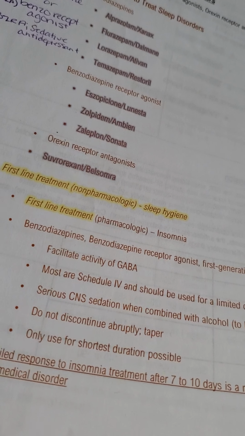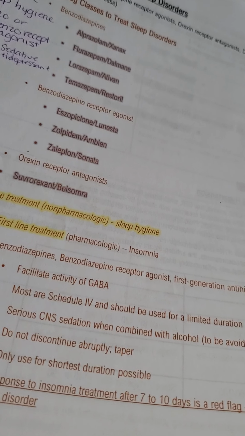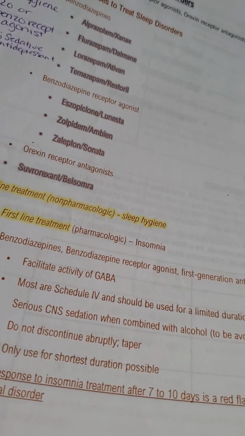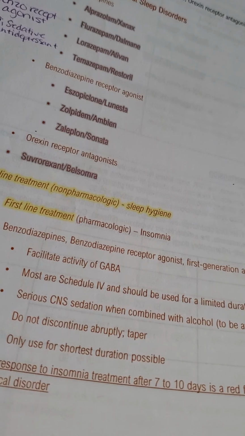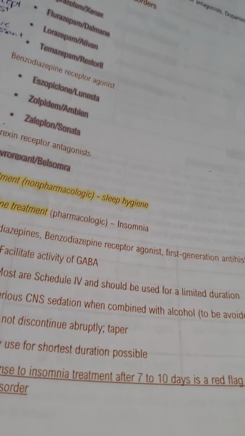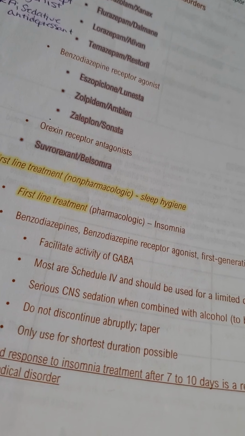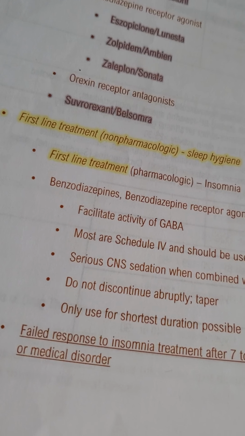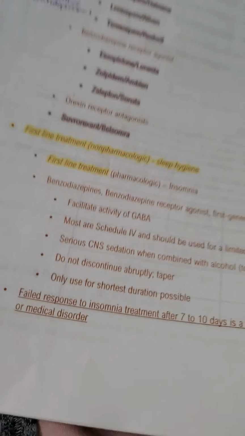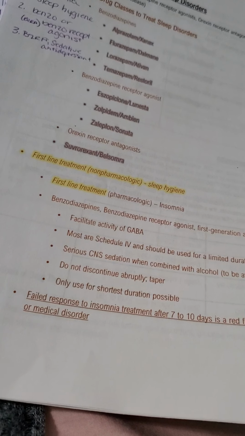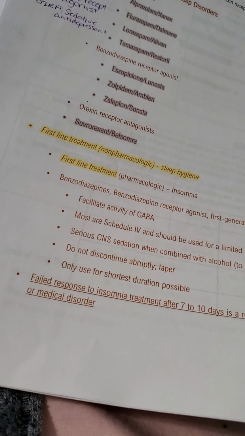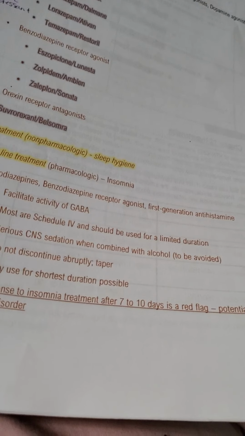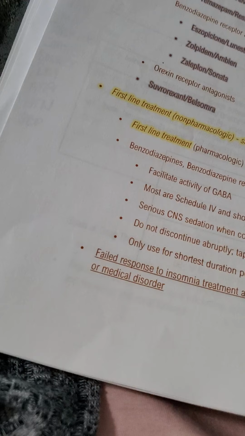Most are scheduled and should be used for a limited duration. Serious CNS sedation when combined with alcohol is to be avoided. Do not discontinue abruptly; taper. Only use for the shortest duration possible. Failed response to insomnia treatment after 7 to 10 days is a red flag for a potential psychiatric or medical disorder.